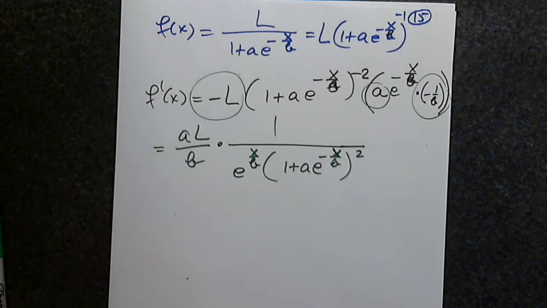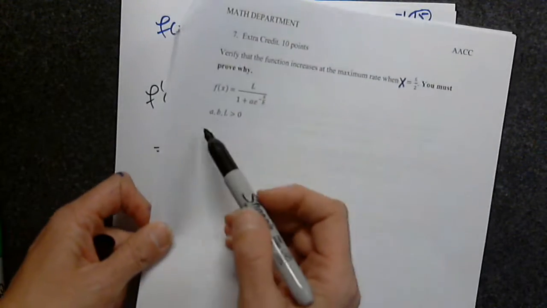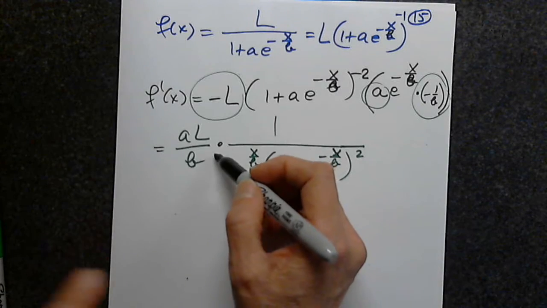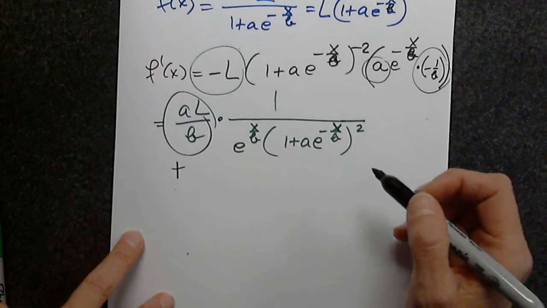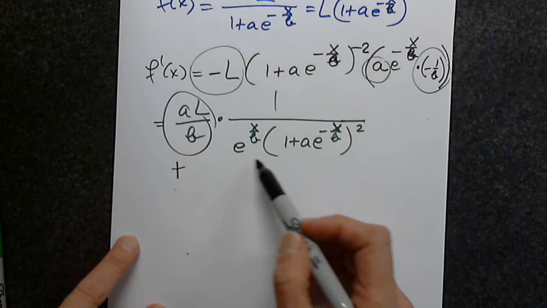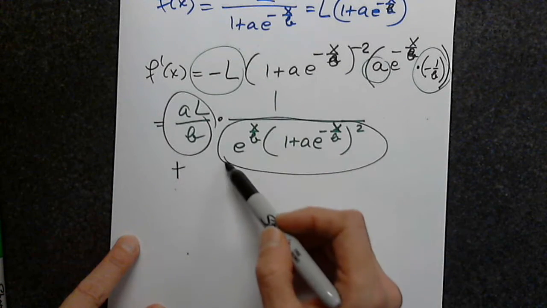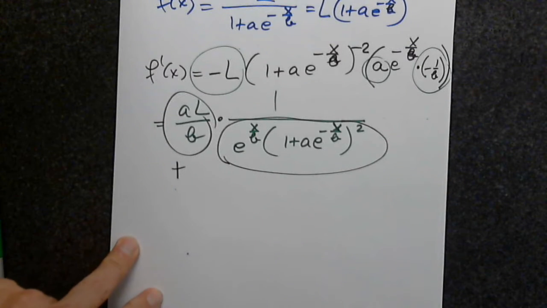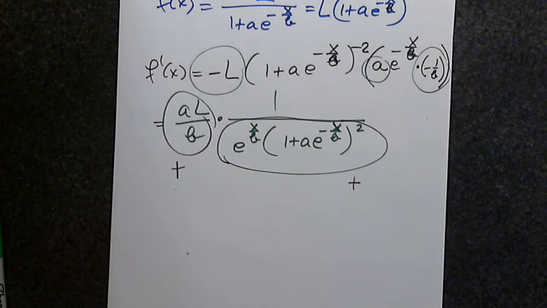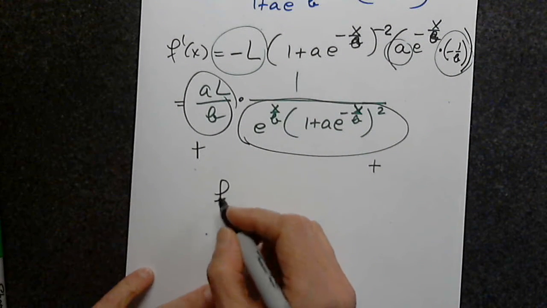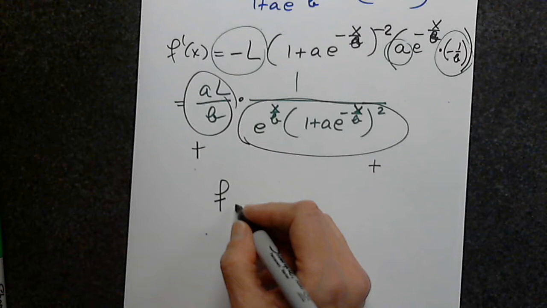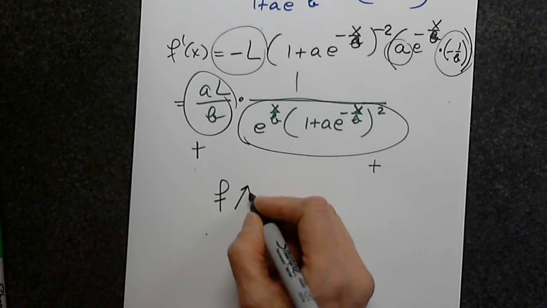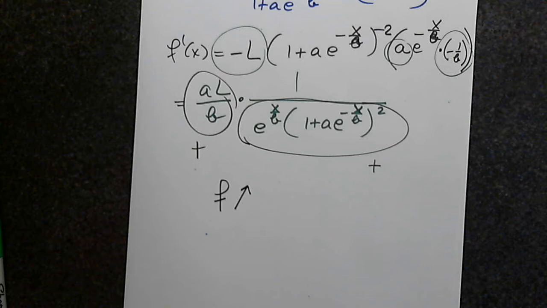We are told that a, b, and L are positive numbers, so all this is positive. Now what can you say about this quantity? It's always positive. Very good. So what can you say about the function? It will always be increasing.